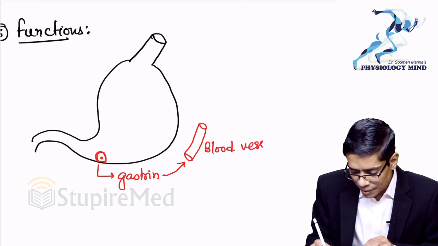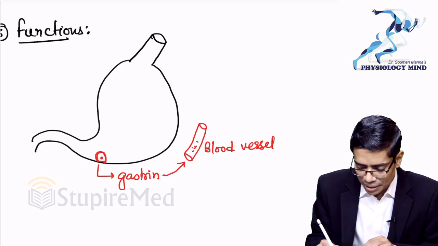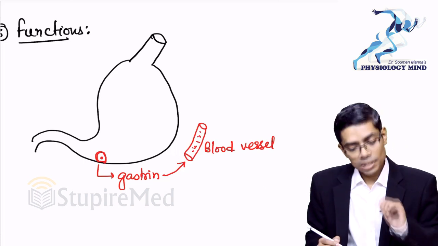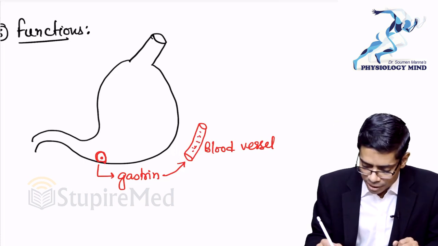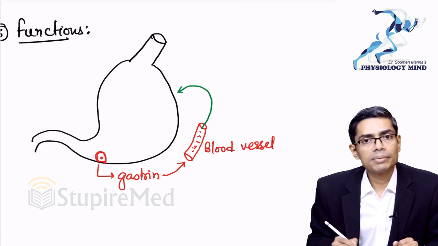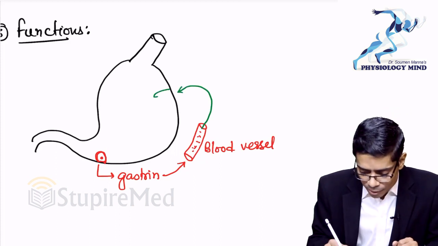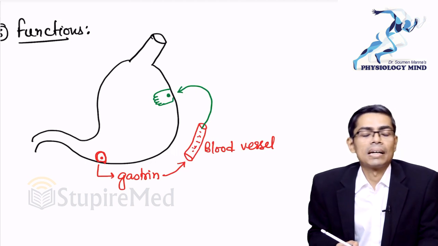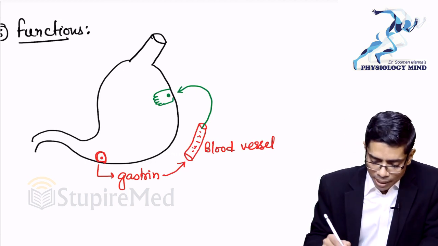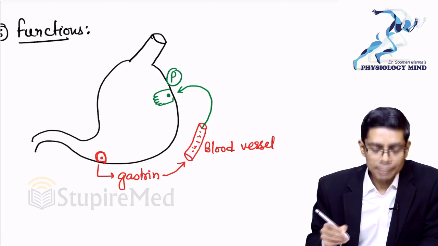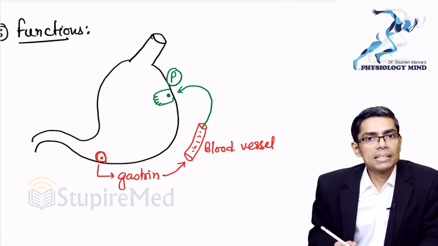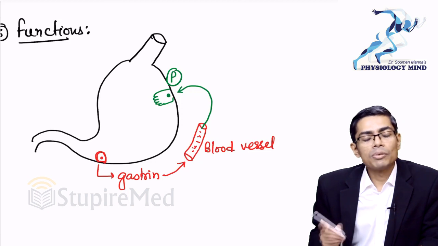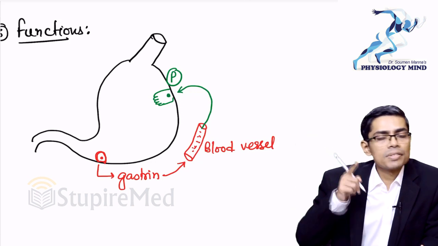Gastrin is entering here. Through circulation, it will reach the parietal cells of the stomach, which are present at the level of the body and fundus. How will the gastrin reach there? Through circulation.